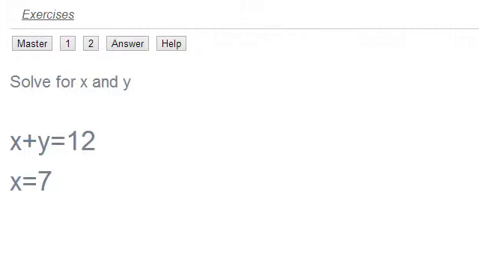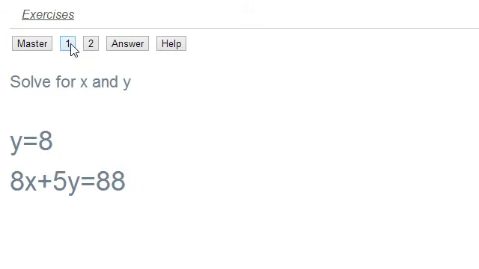Let's do another one. Okay, so let's scroll through and see if we can get something different. There's a particular one here I'm looking for, actually. Okay, let's do this one here.